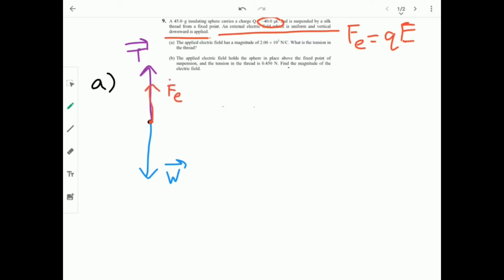Now what you have to do is find the tension. They've given us the electric field. So simply sigma Fy equals 0, which gives us the tension plus the electric force equals the weight.